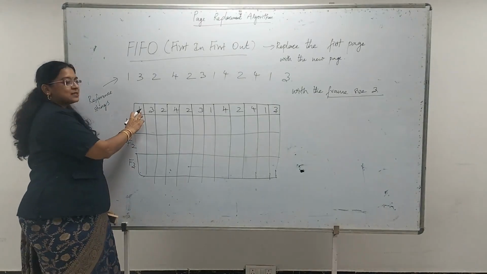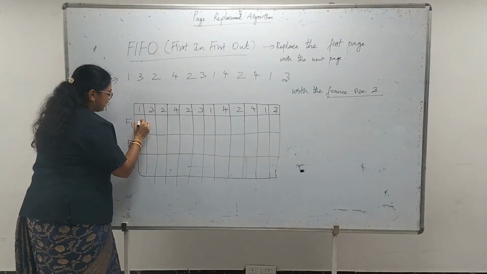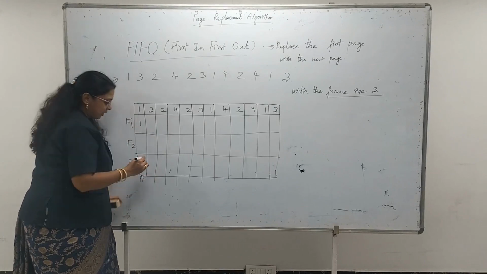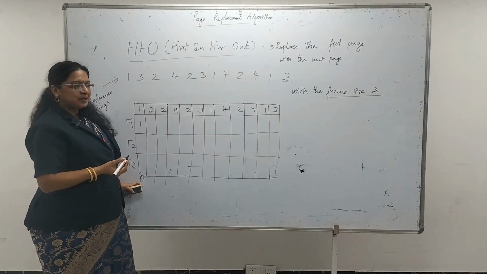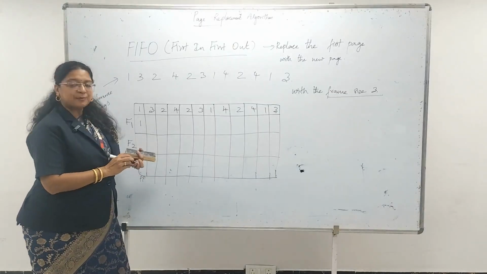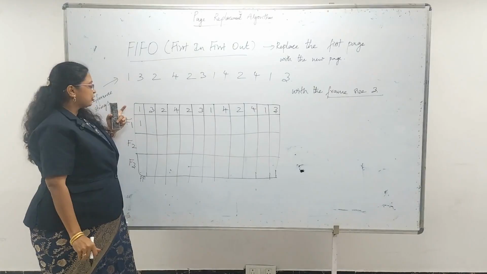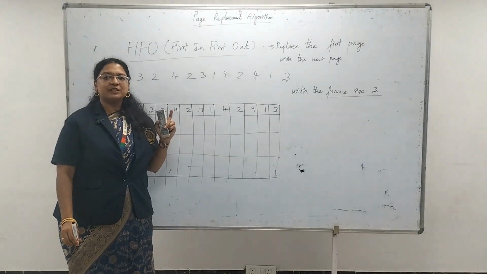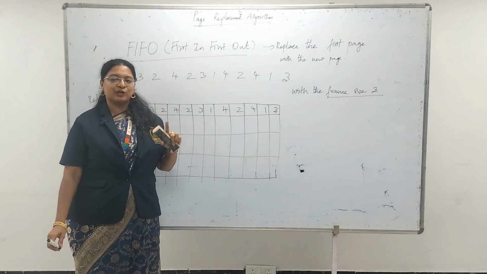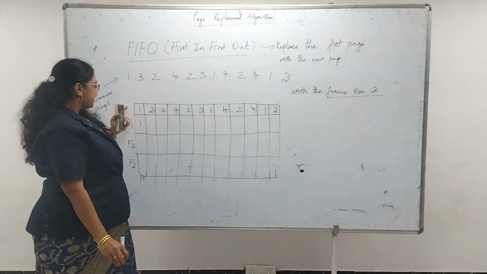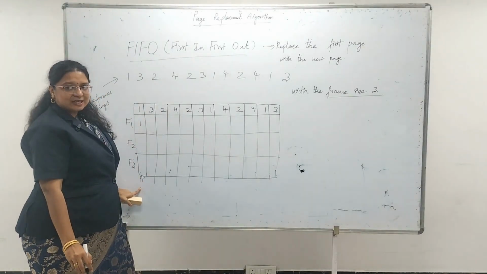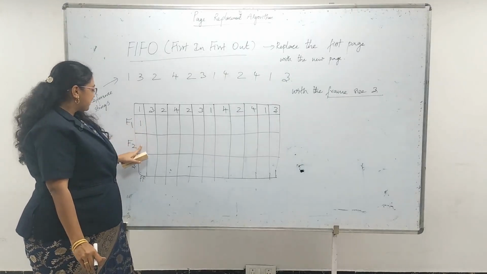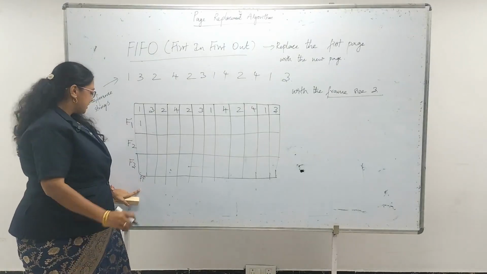First, insert 1 in the first frame. This is a page fault. Why? Whenever you enter a page into main memory, first check whether it is present in main memory or the frame. If it is present, that is a hit. If it is not present, that is a page fault. Now 1 is not present in the frame, so it is a page fault.